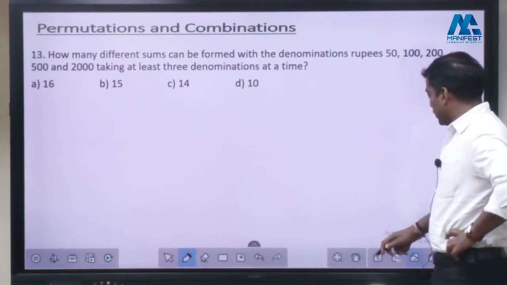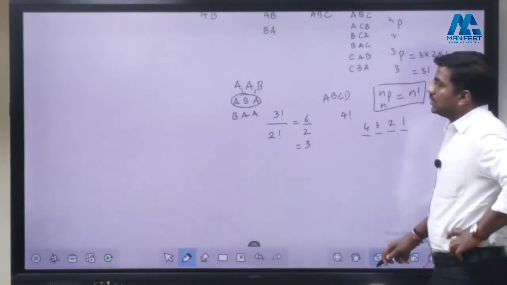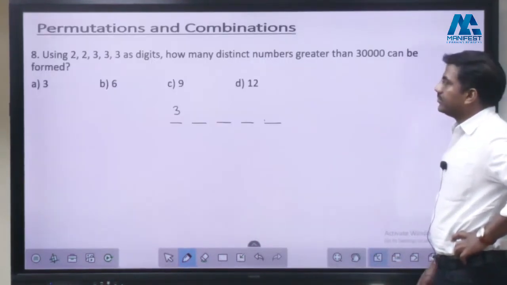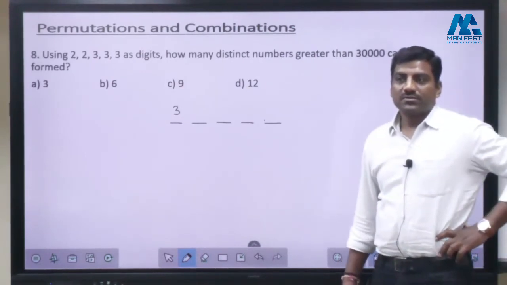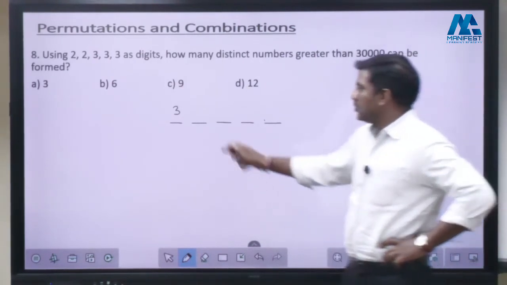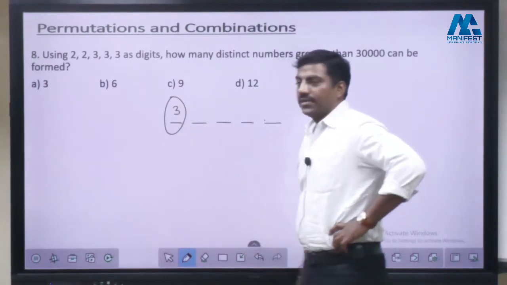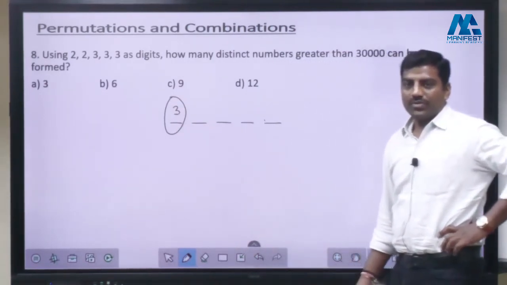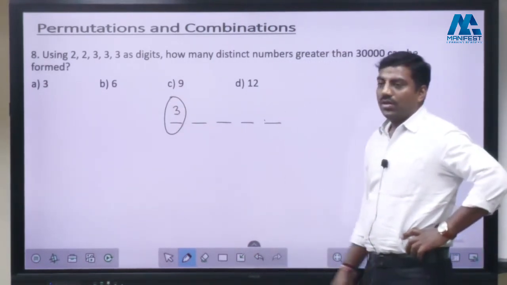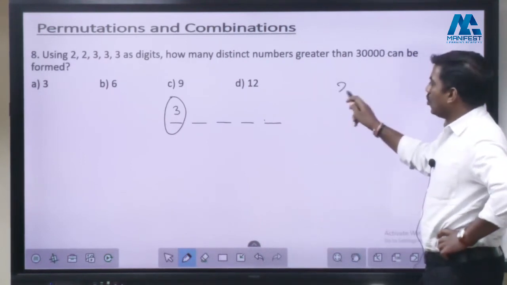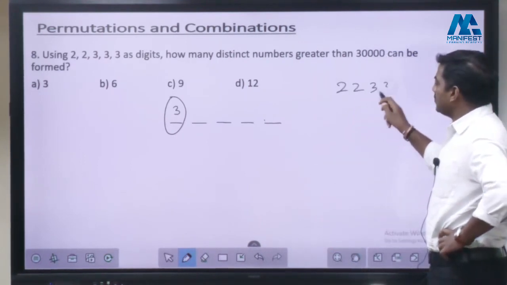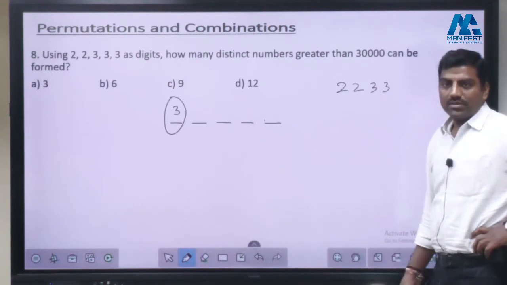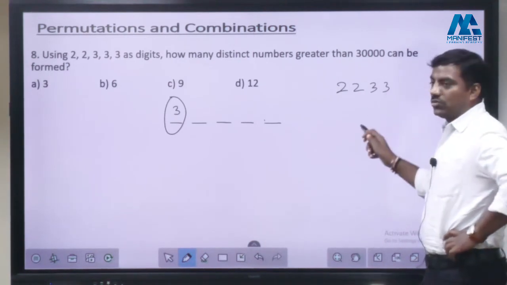Okay, we'll come back to this one. We had left one question here. Now, this position is fixed. How many places are left now? 4. What choices do we have? Two 2s and two 3s. Correct? So how many letters totally?